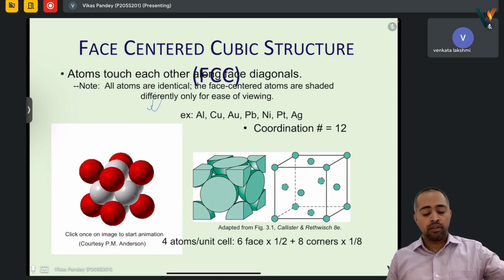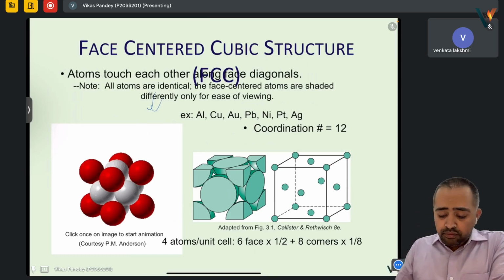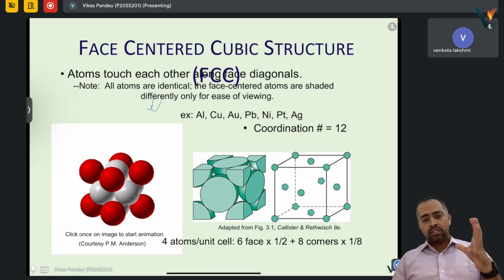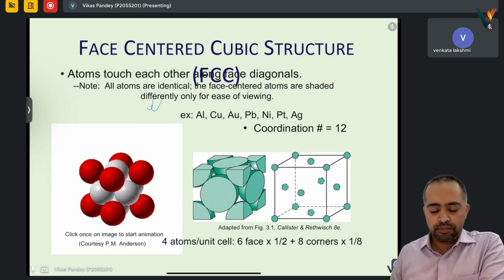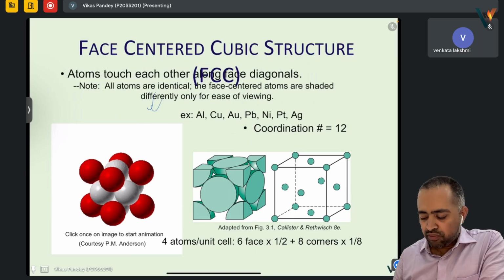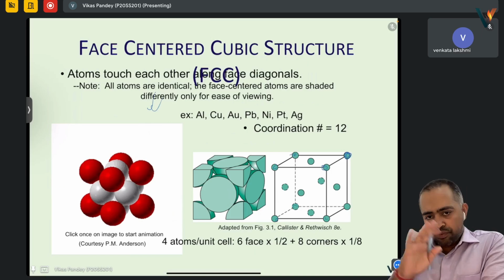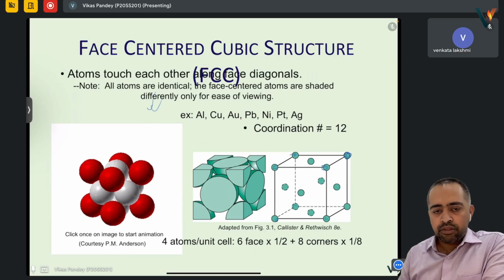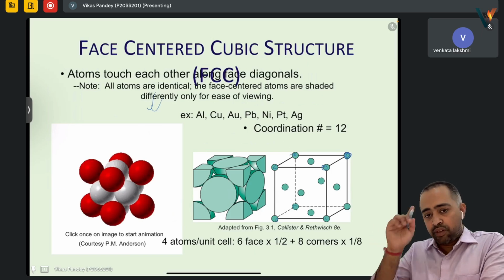Yeah. So when we talk about silicon, like we said, it has a structure similar to face-centered cubic. Face-centered cubic means on all the corners we will have these atoms, plus on all the faces we will have one atom.